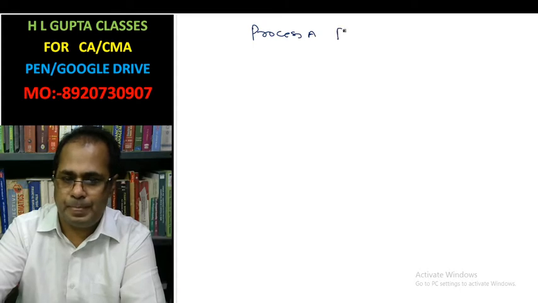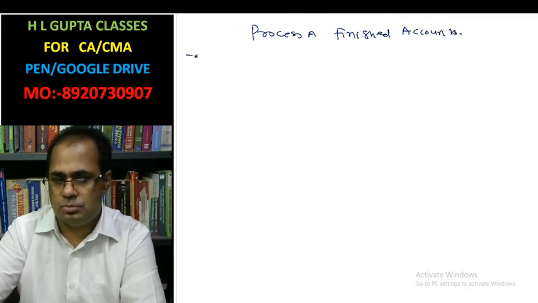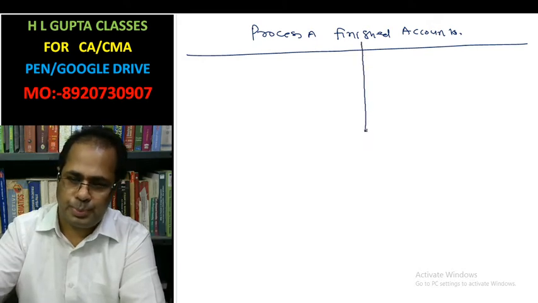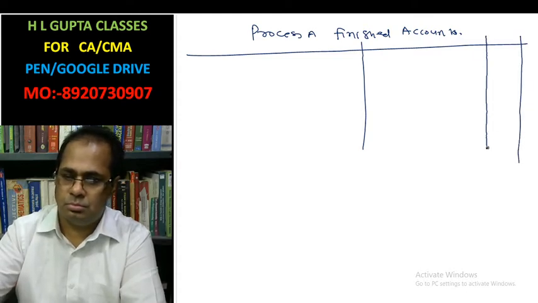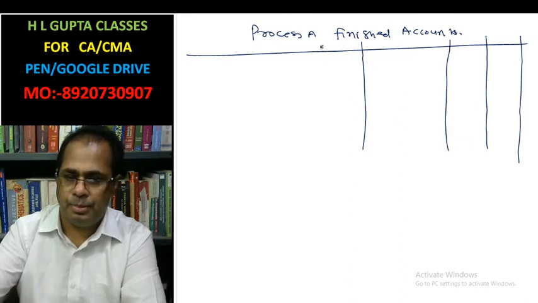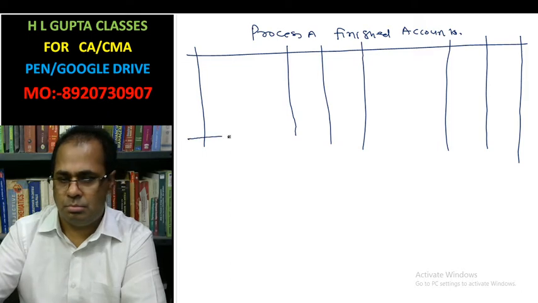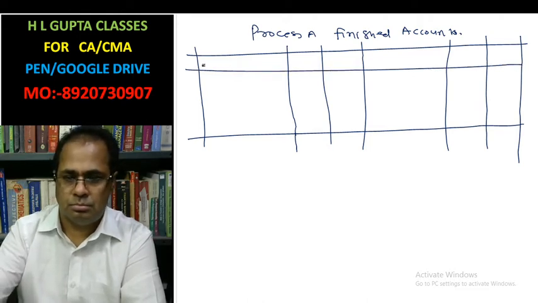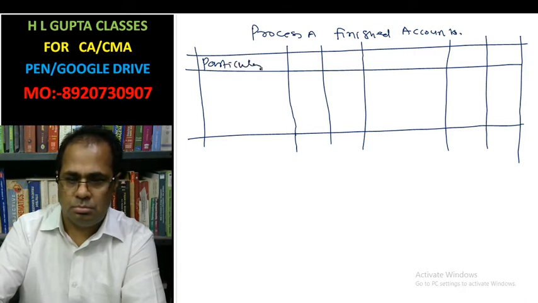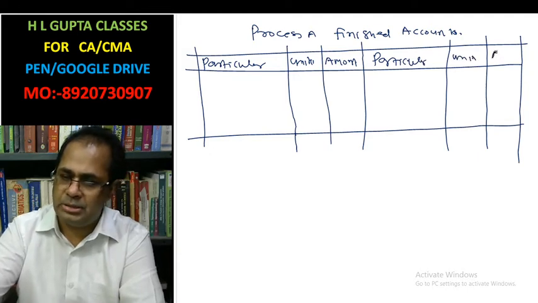Process A, finished accounts. This is your amount, particular units, this is your amount.